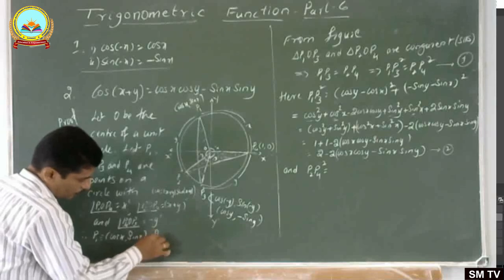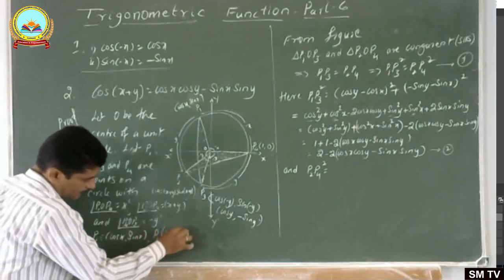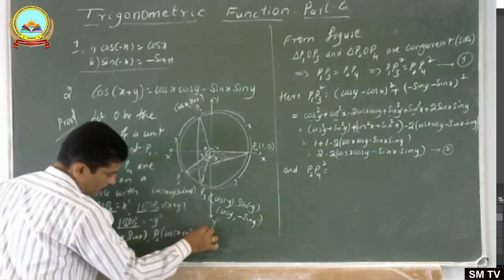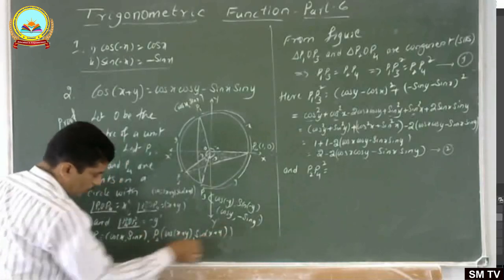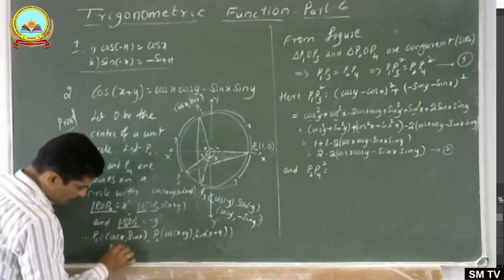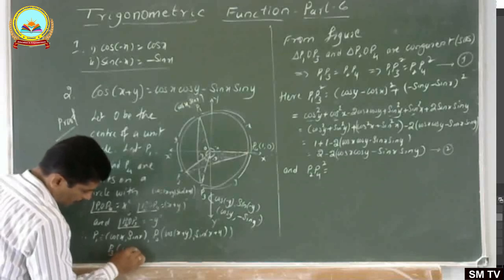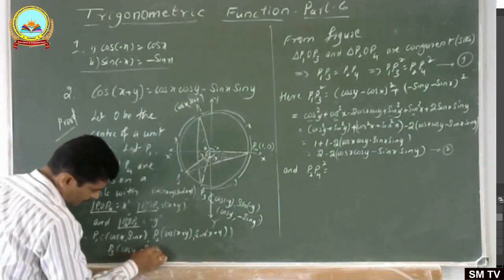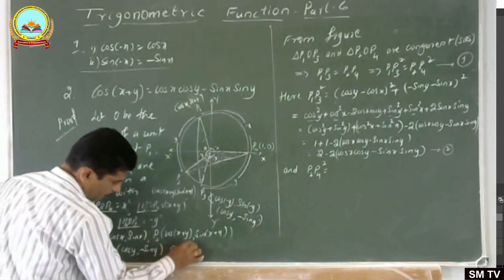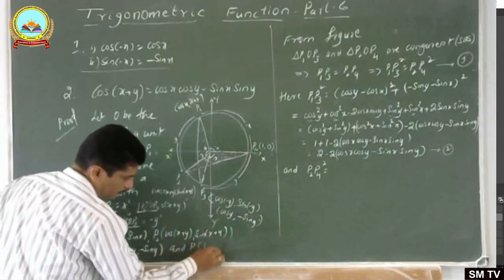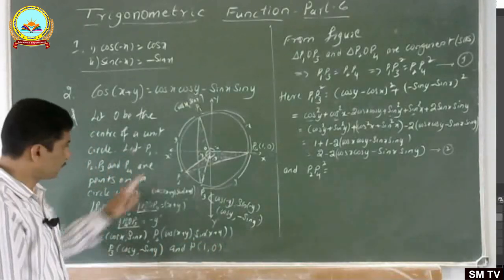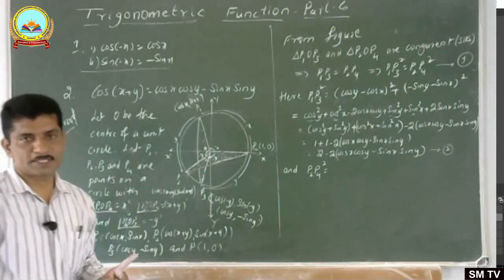Coordinate of P2, cos of x plus phi comma sin of x plus phi. Coordinate of P3, cos of y comma minus sin y, and coordinate of P4, you know that 1 comma 0 with the help of unit circle.